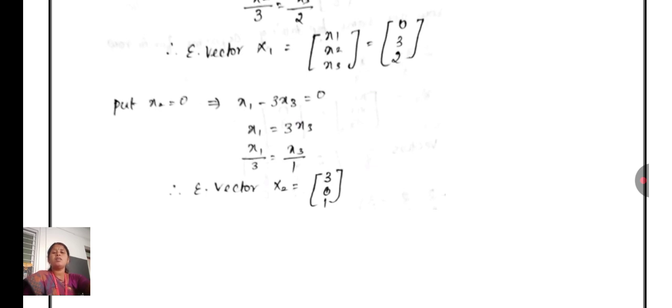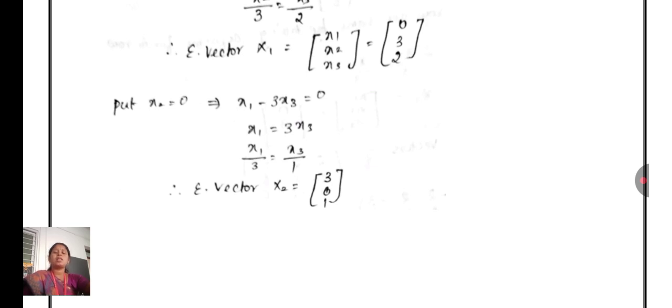Why do we give the value x2 as 0 in the same equation? Since the two eigenvalues are the same, when we substitute the second eigenvalue in the determinant of A minus lambda I equal to 0, we get the same equations. All three rows are the same, so it will be repeated.